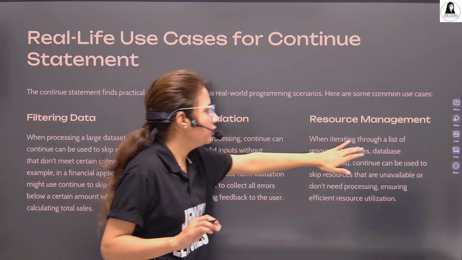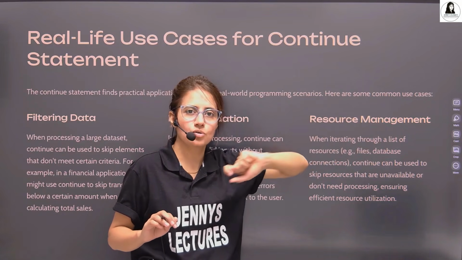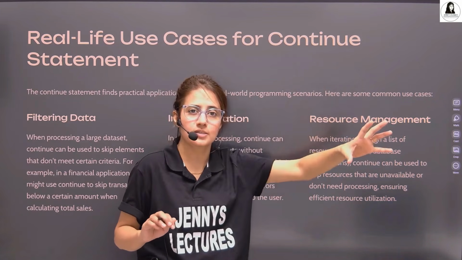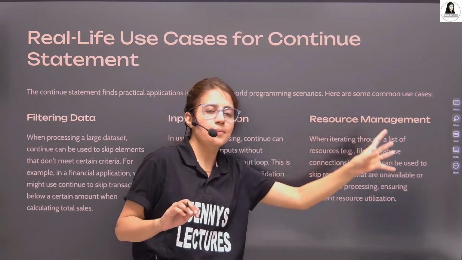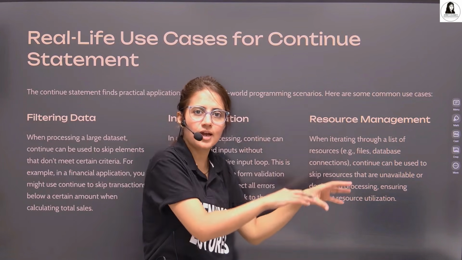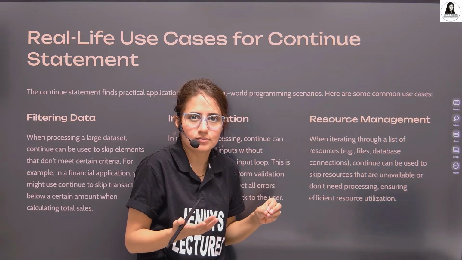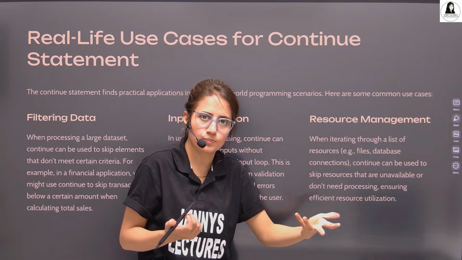When you are iterating through a list of resources, like reading data from files, databases or connections, if a file is empty or has some invalid data, you skip processing that file and continue with the next file. Something like this. Right? So there we can use continue.